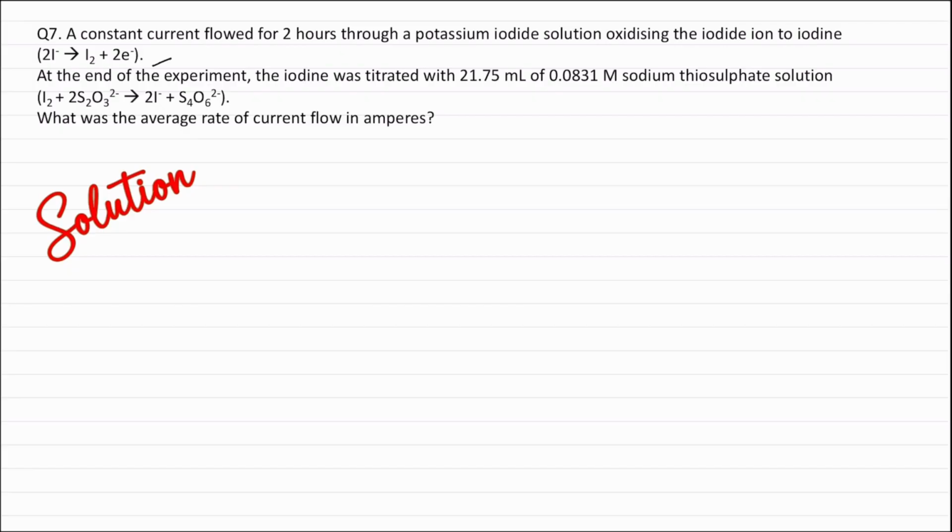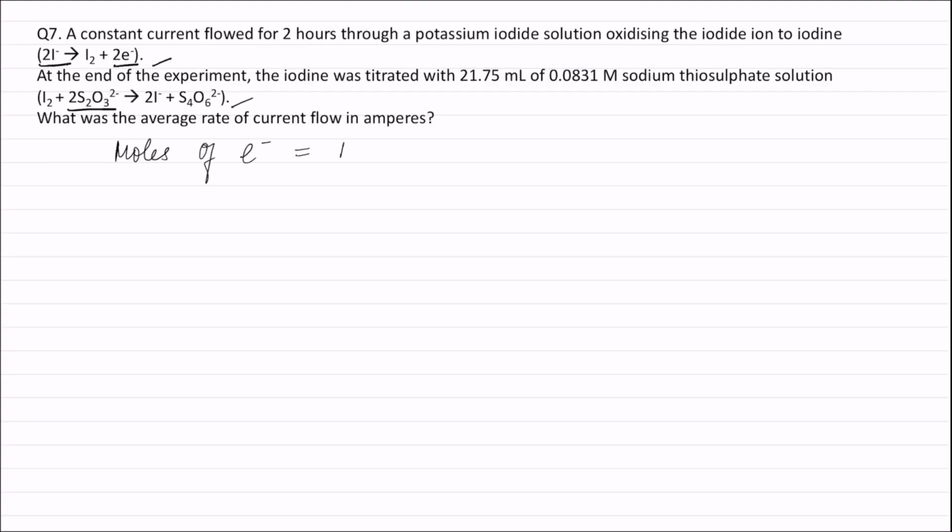Now both these equations are balanced equations, and from these balanced equations it can be seen that moles of iodide ion, moles of electron and moles of thiosulfate ion are equal. Therefore, it can be written as moles of electrons is equal to moles of thiosulfate ion, that is S2O3 2 minus ions.